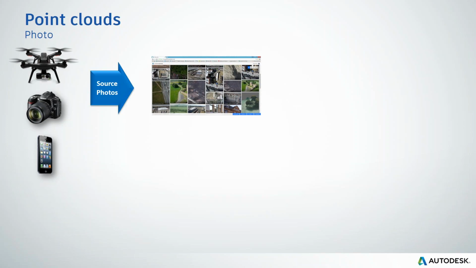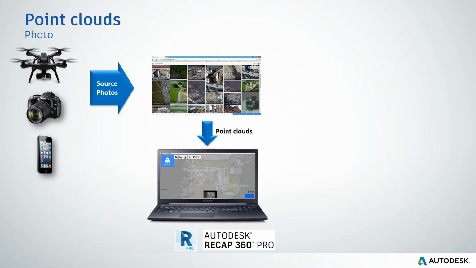Then you upload these photos into the cloud service, and within some period of time it will process all the photos you uploaded and create point clouds from these 2D pictures, which you took on site, for example of a building from different angles.